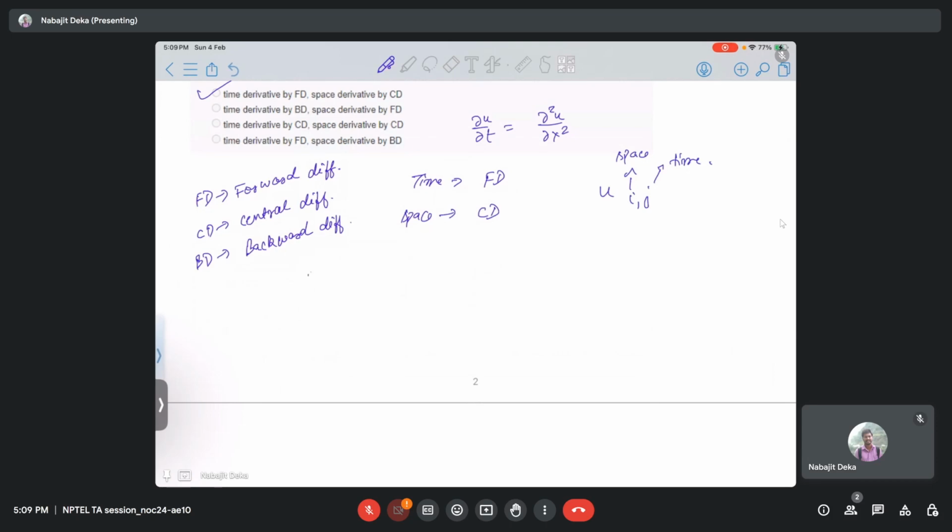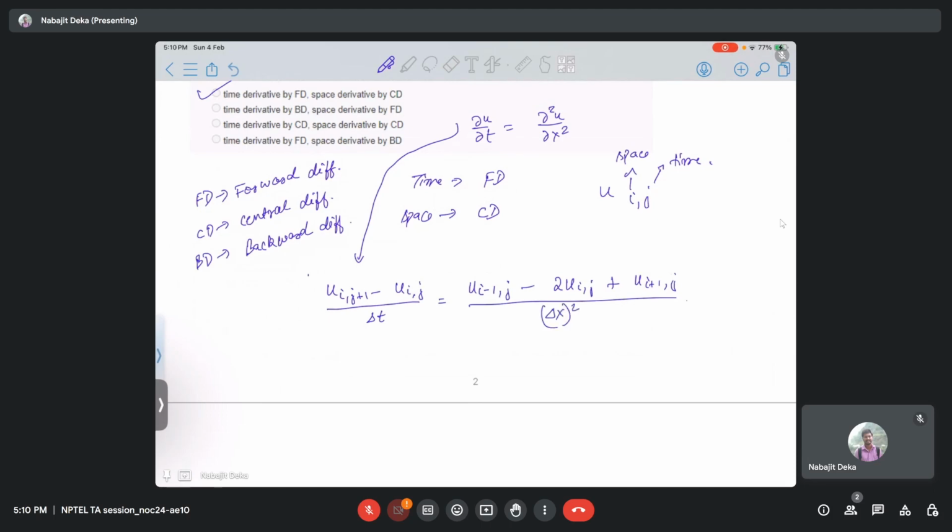So we can write (u i, j plus 1 minus u i j) by delta t equals (u i minus 1 j minus 2 u i j plus u i plus 1 j) by delta x square, because this is central difference.